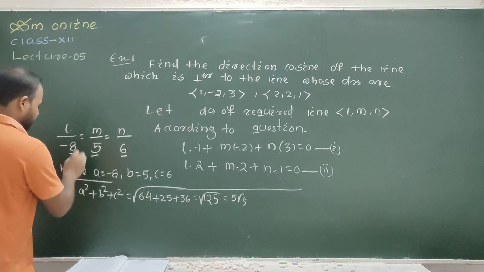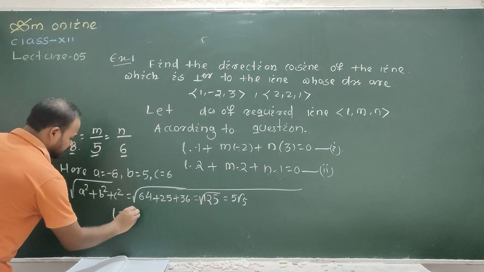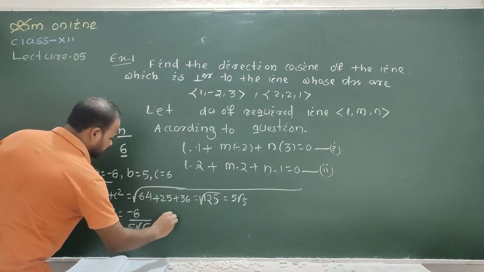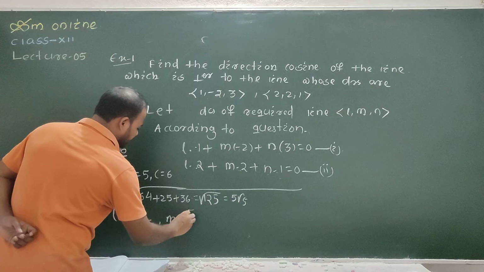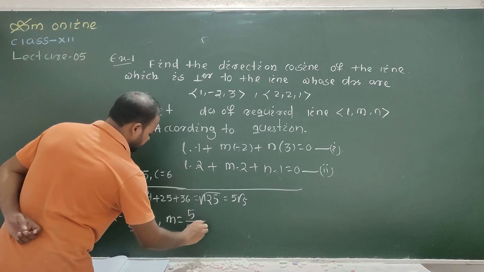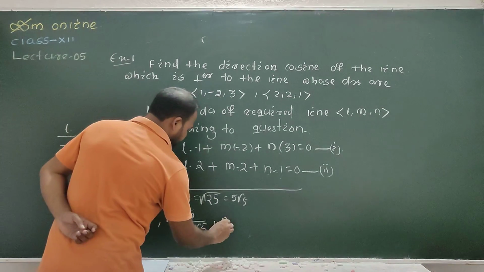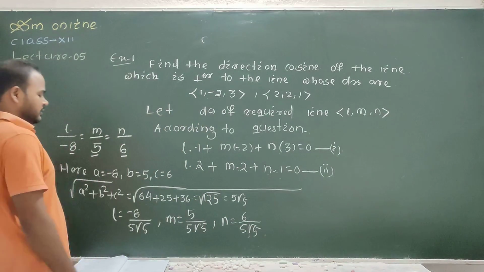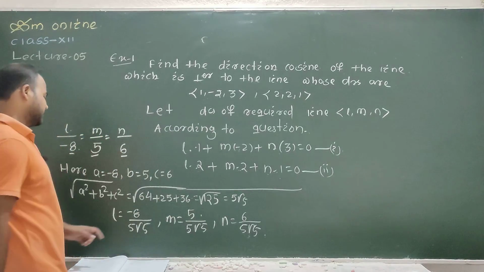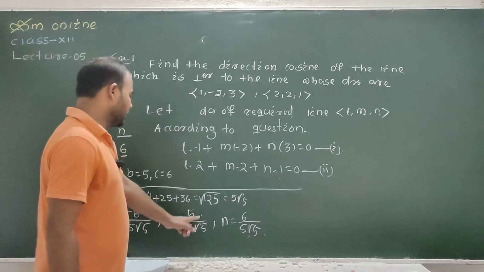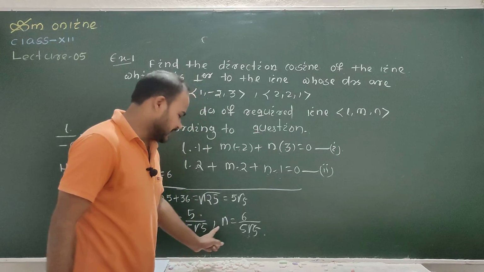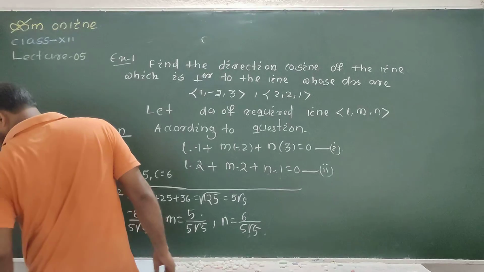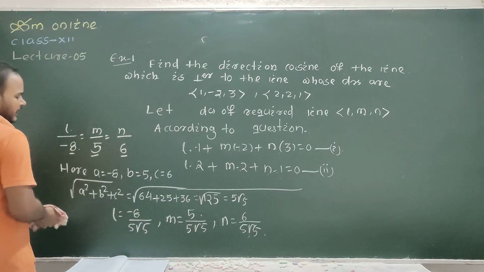Now the value of L equals minus 8 upon 5 root 5, M equals 5 upon 5 root 5, and N equals 6 upon 5 root 5. The 5 cancels, giving 1 by root 5. So the DCS are minus 8 by 5 root 5, 1 by root 5 and 6 by 5 root 5. This is the solution of example 1. Now move to example 2.